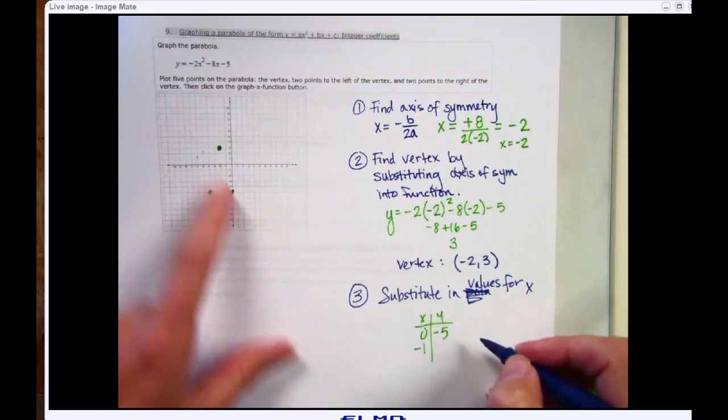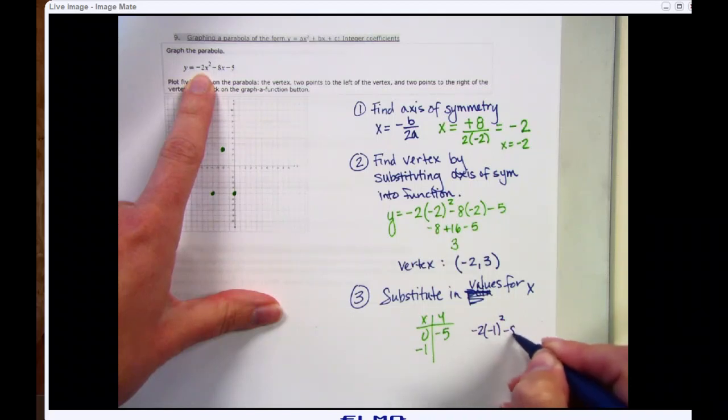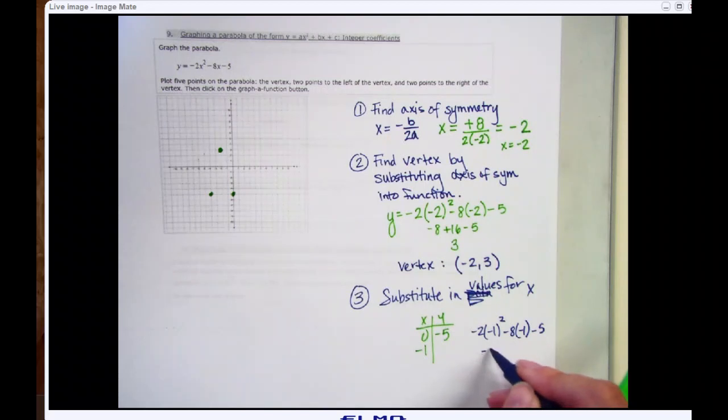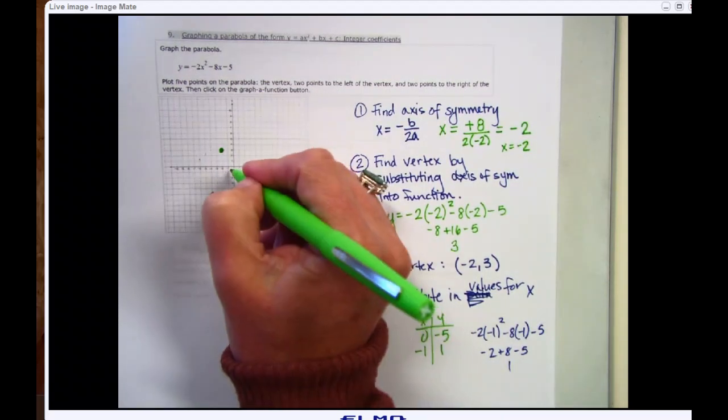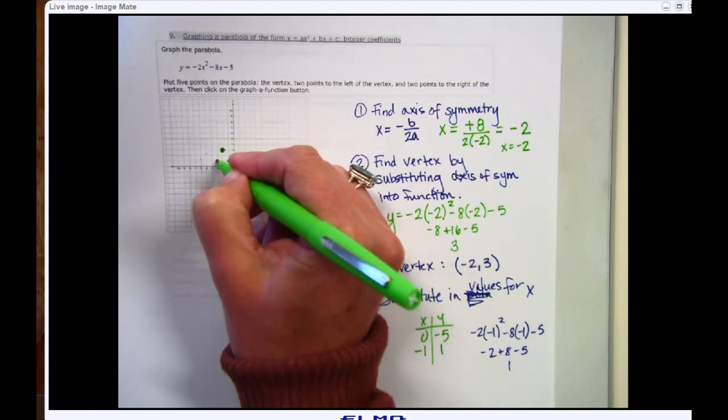So let's see, we've got negative 2 times negative 1 squared minus 8 times negative 1 minus 5. Negative 2 plus 8 minus 5 is 1. So we've got negative 1, 1, and reflected on the other side.